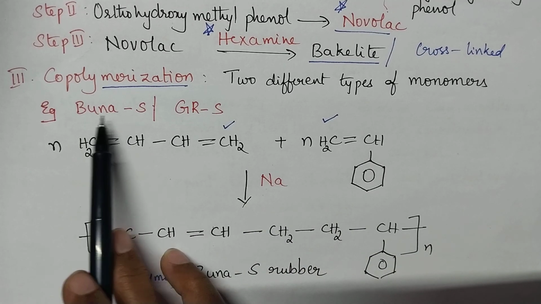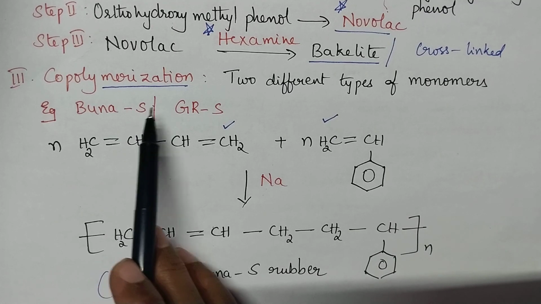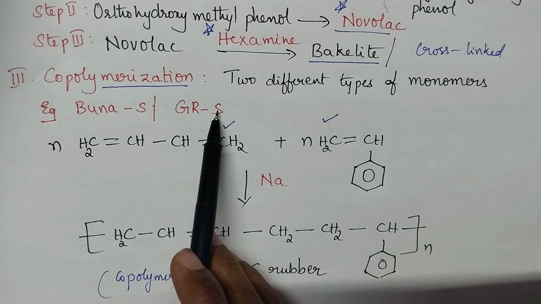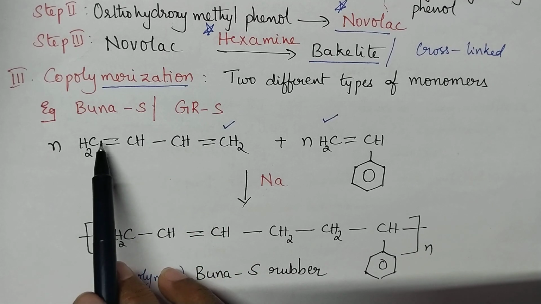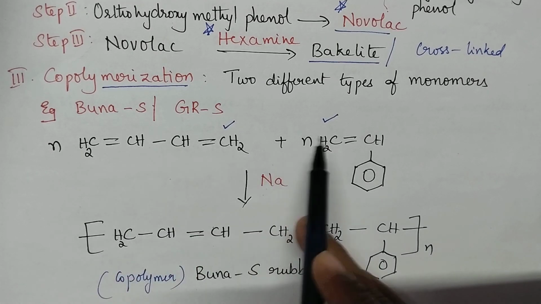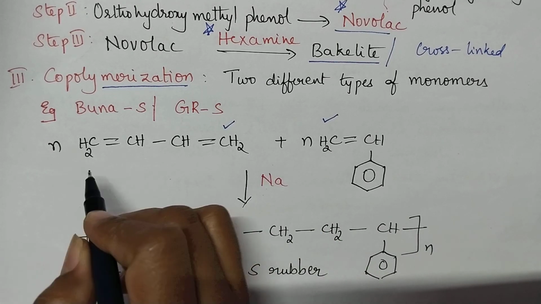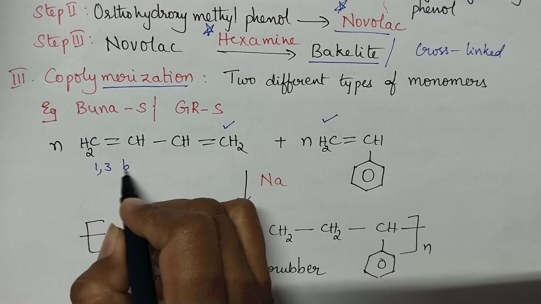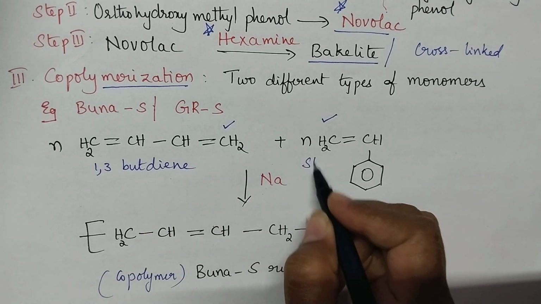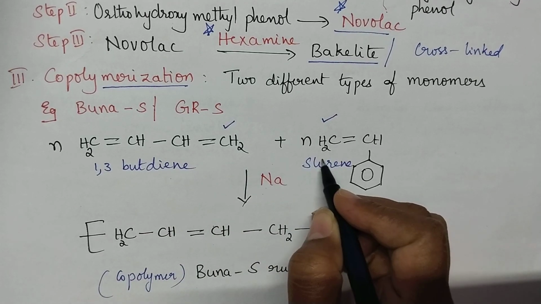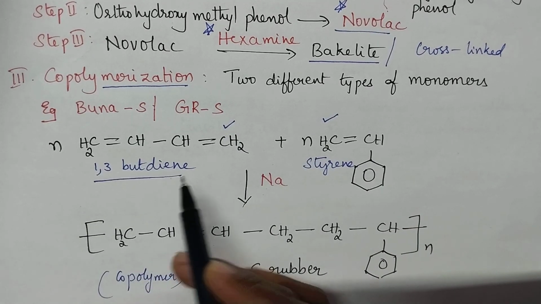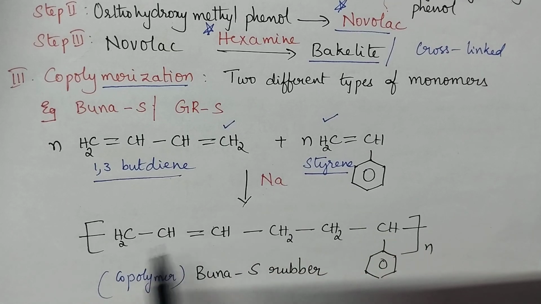Let us see the formation of Buna S rubber. It can also be called GRS, Government Rubber of Styrene. So, what are the monomers used in the formation of Buna S rubber? Here we are using two monomers. One is 1,3-butadiene and the second one is styrene. So, the monomers used during the preparation of Buna S are 1,3-butadiene and styrene.